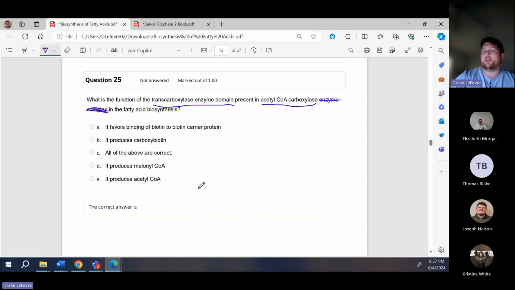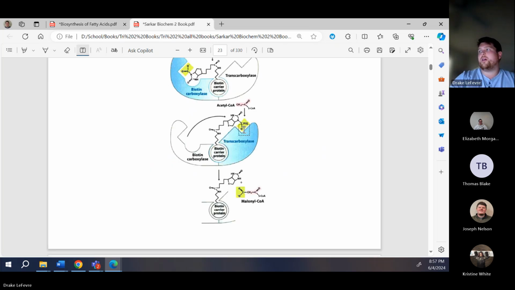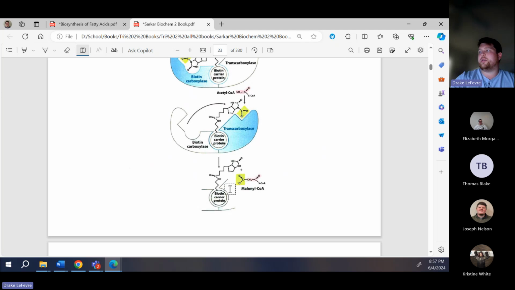So we look at our answer choices: the function of the trans-carboxylase enzyme domain in the acetyl-CoA carboxylase in fatty acid biosynthesis. Because remember, it won't produce acetyl-CoA. Love our guessing. It's actually going to be what produces our malonyl-CoA. See our trans-carboxylase right over here.